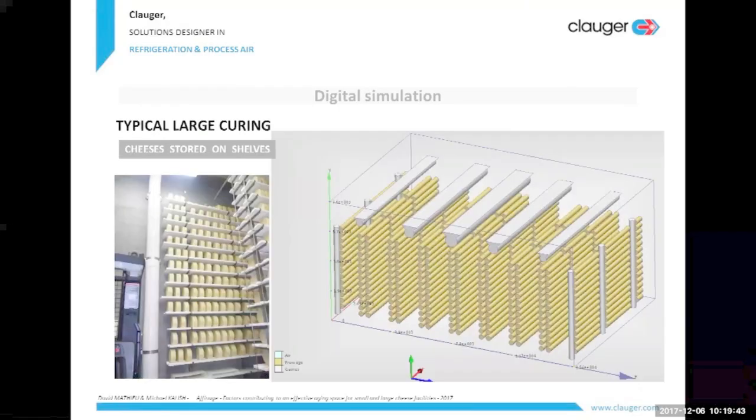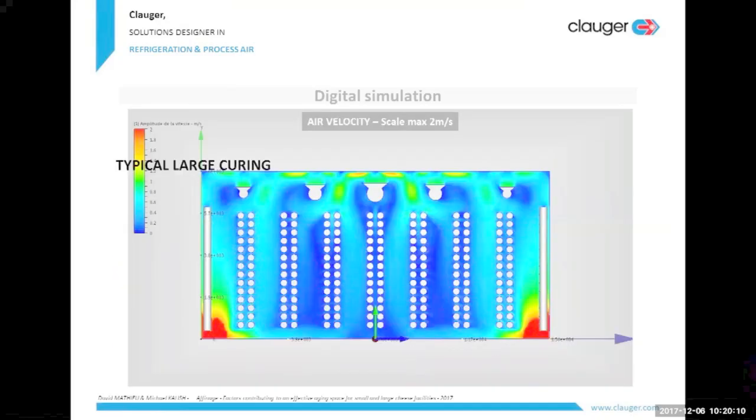So here we did the same thing with a curing room, where the client actually had a problem in curing, and he even had shelves where he was not putting any cheese because he knew that he had to cure in 40 days, and in some spaces he could leave it 60 days, 80 days, and it was still too humid. The moisture content would just not drop. So we drew the cave again. We made this CFD, and same thing.